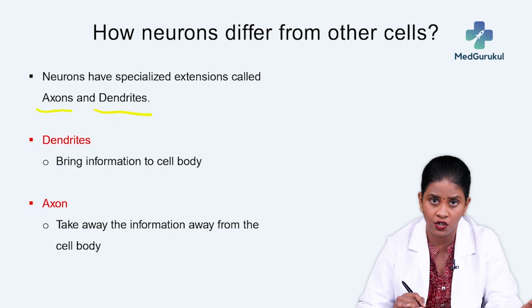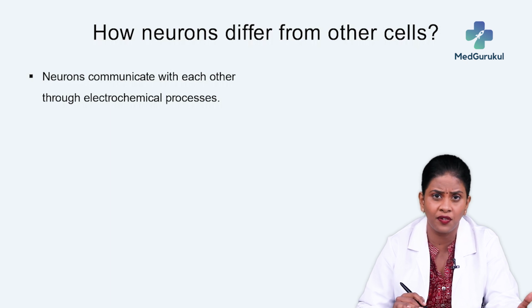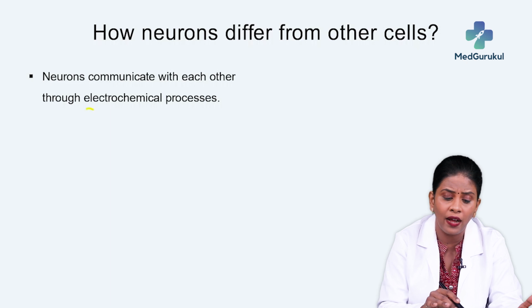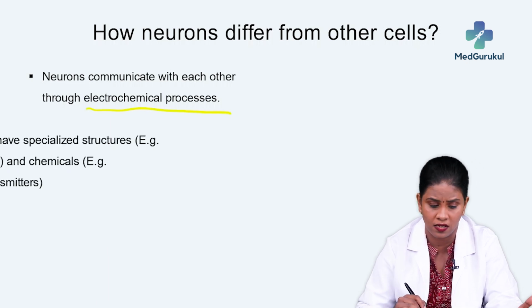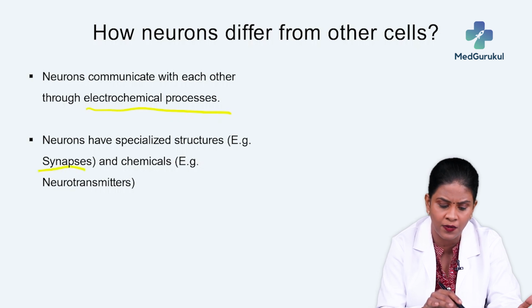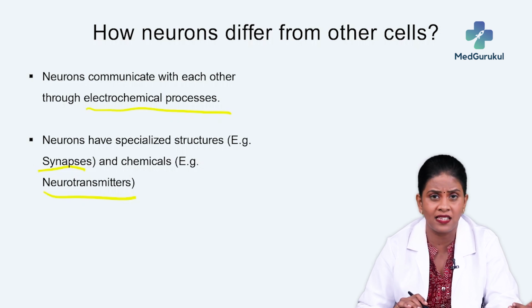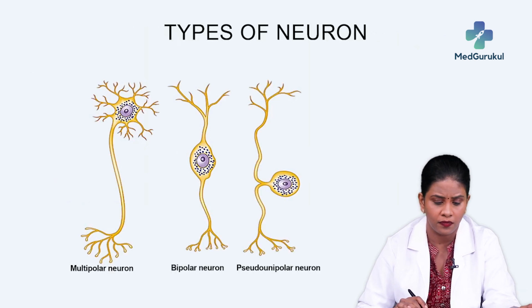This is the function of dendrites and the axon. Neurons also communicate with each other through electrochemical processes, and they have specialized structures known as synapses and chemicals known as neurotransmitters. These features are not present in other cells.